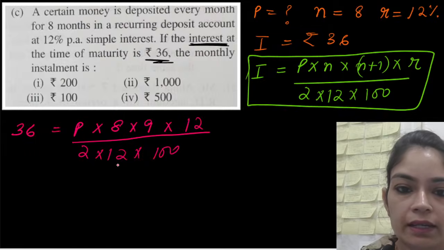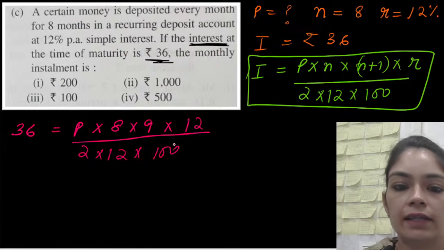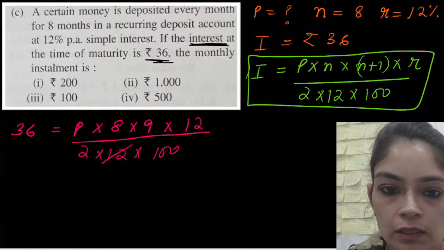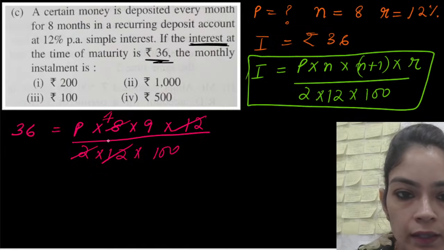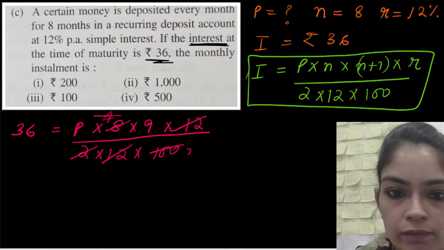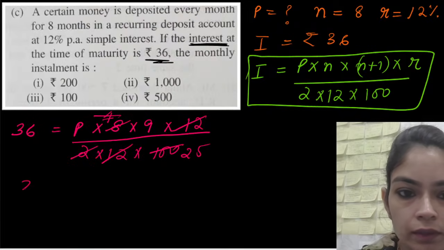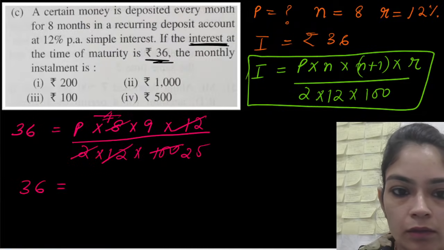First, let's see if anything is getting cancelled this side. This 12 and 12 will get cancelled here. 2 into 4 and then 4 into 25 is 100. So I've done whatever cancellations were possible.